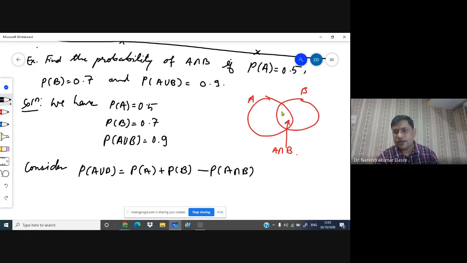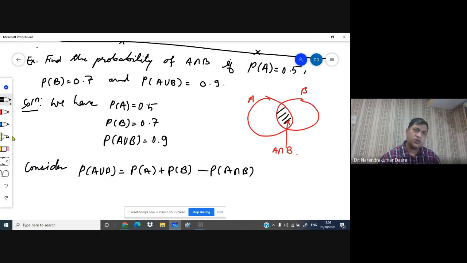You can see this portion of the event is counted in A also and is counted in B also. So we have to be careful: this event is counted in A, and this event is counted in B, so actually it is being counted twice, and that's why one time we have to subtract.